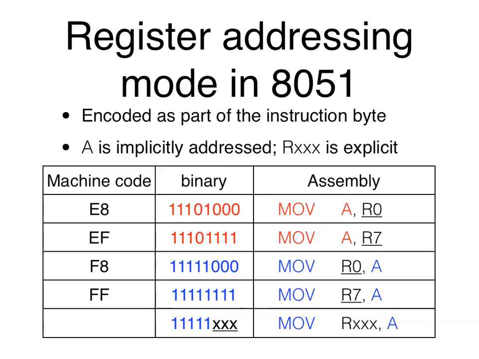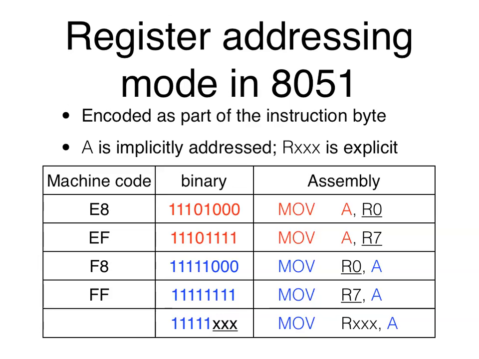That's the 11111. And the register R0 or R7, that's the last 3 digits. Okay? So it packs things very tightly. In the first 4 lines, those are really just single byte instructions, right? Even though they look like, wow, move A comma something. It's very tight encoding.